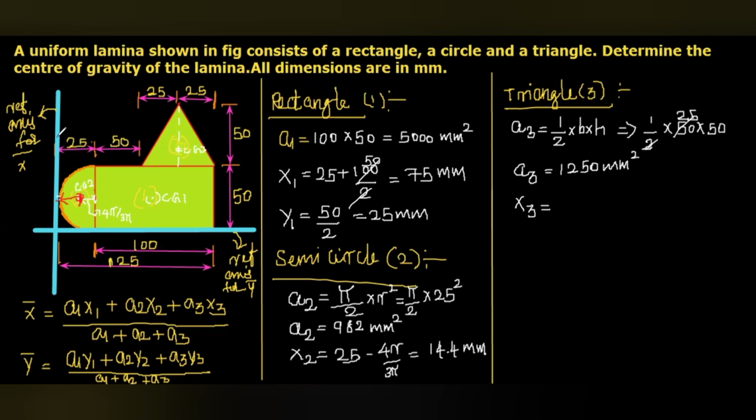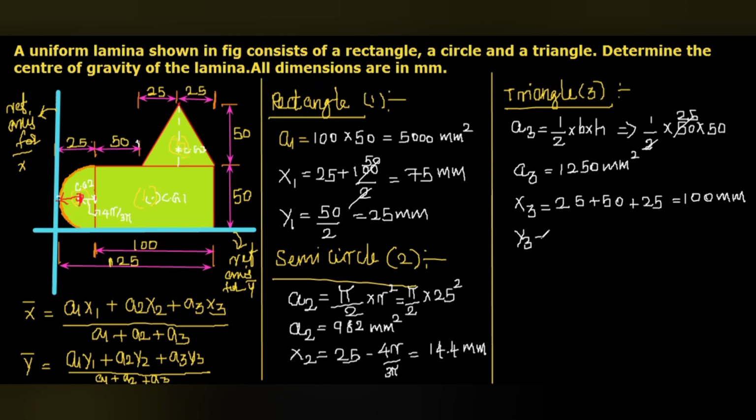Here you can see this distance 25 plus 50, and from here to this axis, that is 25. So x3 is 25 plus 50 plus 25, so the value of x3 we will get is 100 mm.